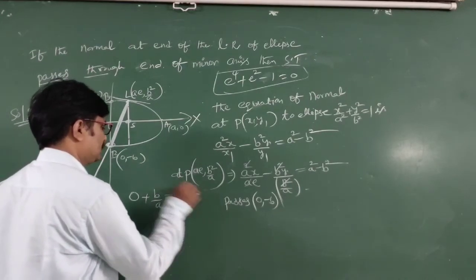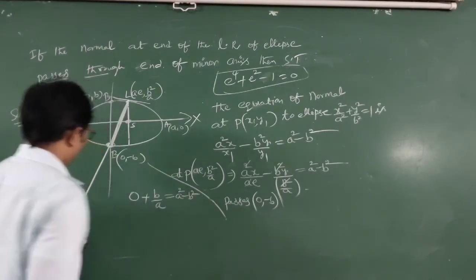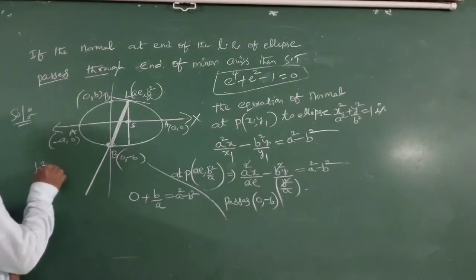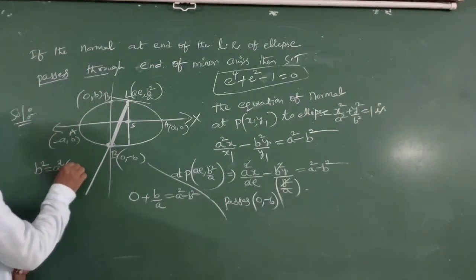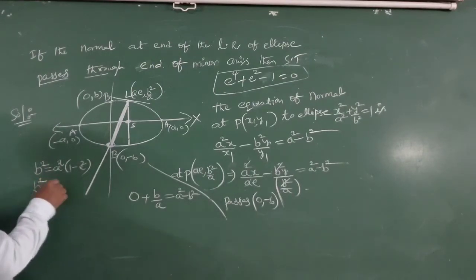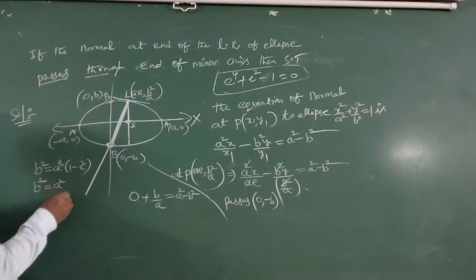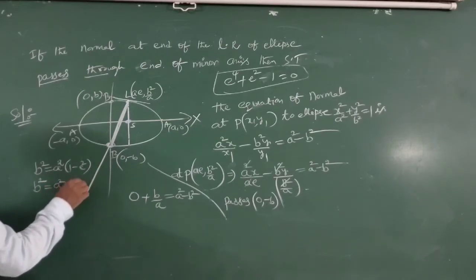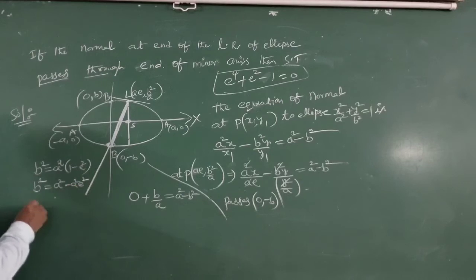So students, everybody knows that b square equals a square into 1 minus e square, so b square equals a square minus a square e square. So a square e square equals a square minus b square.